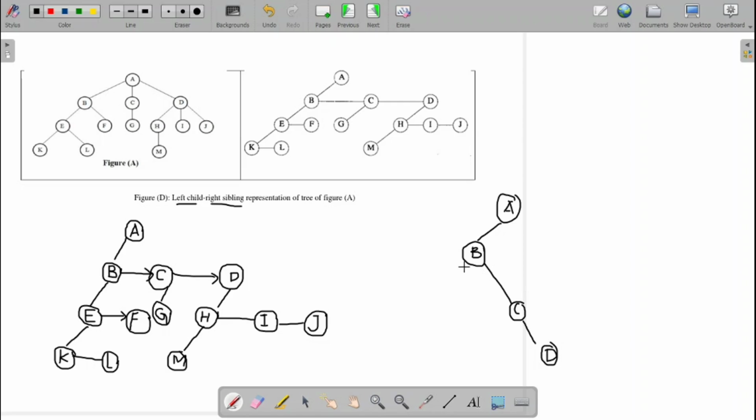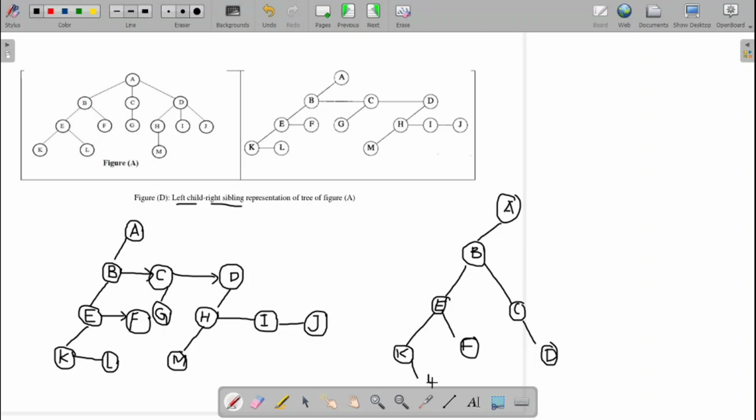Then next, B to E. Its sibling you rotate by 45 degrees. This will be your F. Then next it will be your K. You rotate by 45 degrees.